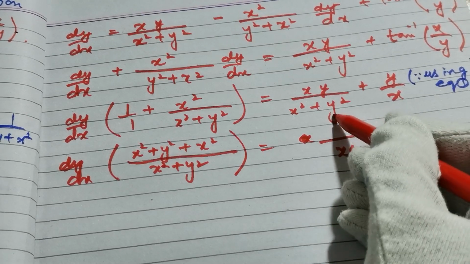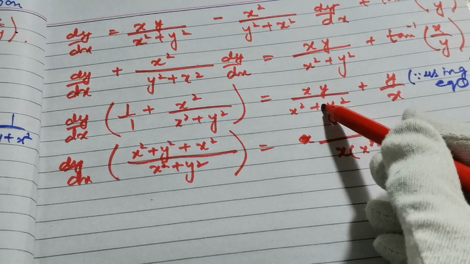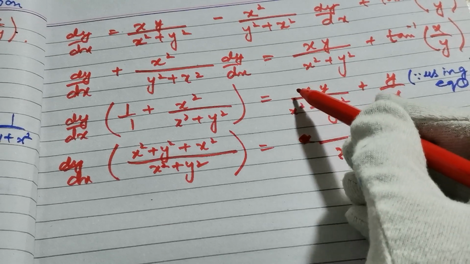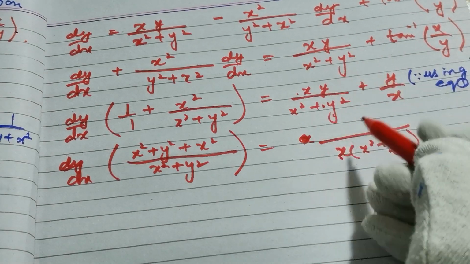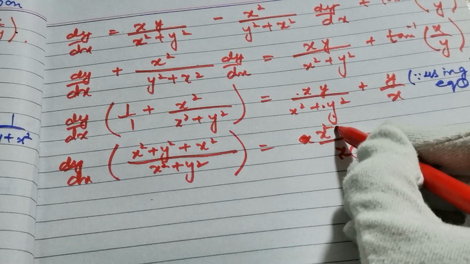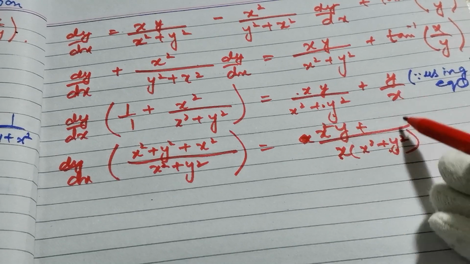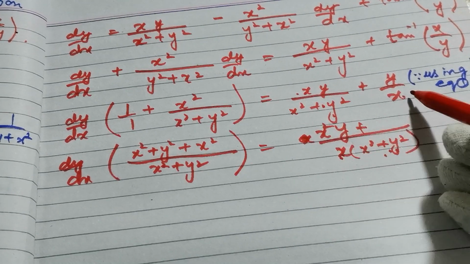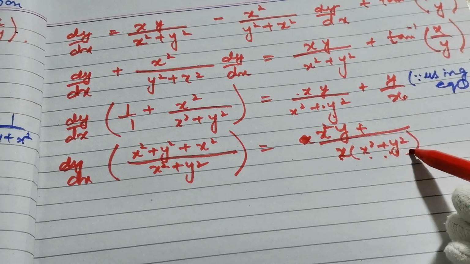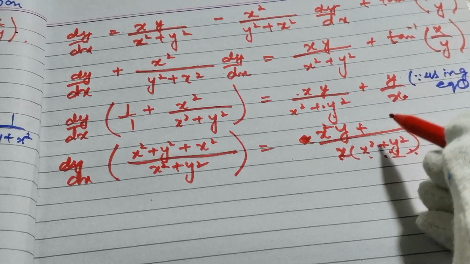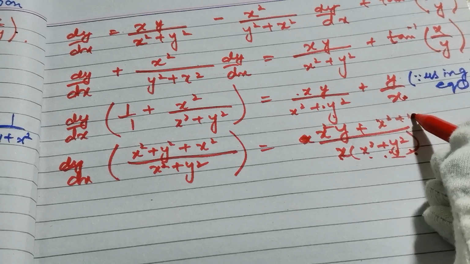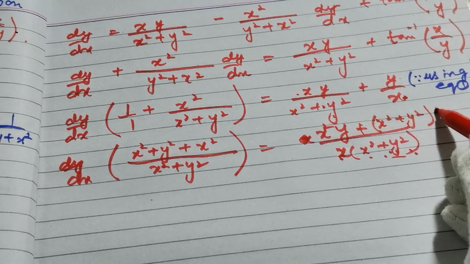This term is divided by this term, this and this cancel, x is left, so x is multiplied by xy, giving x squared y. Then this term is divided by this term, this and this cancel, this is left, so x squared plus y squared is multiplied by y.